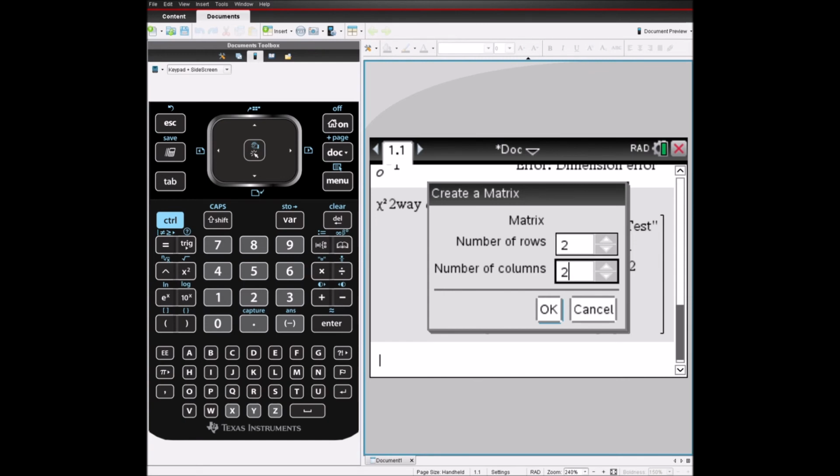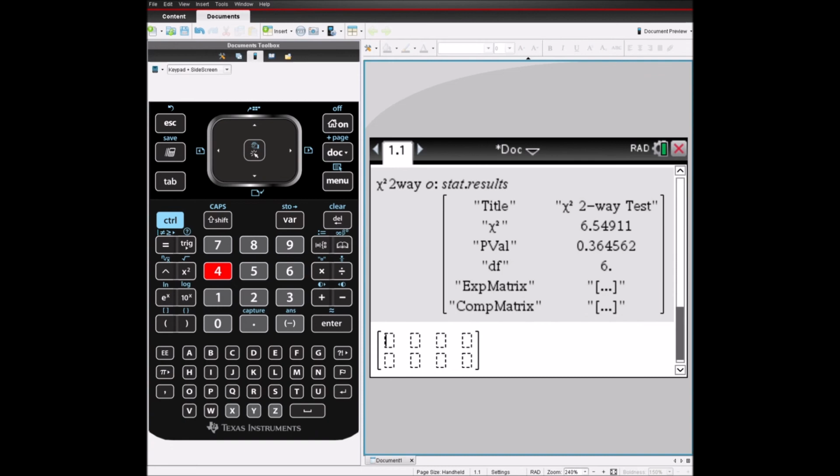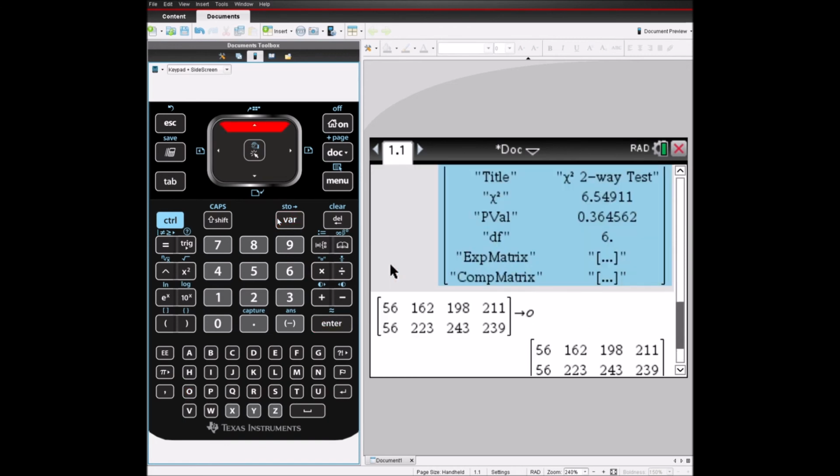It starts with 56, 162, 198, 211, 56, 223, 243, 239. And then this one, we could just save under the same name. It'll write over it. So store as O for observed. And then run that test all over again.